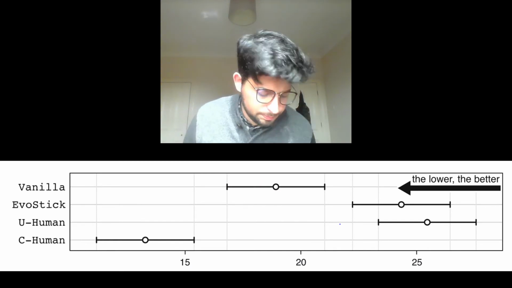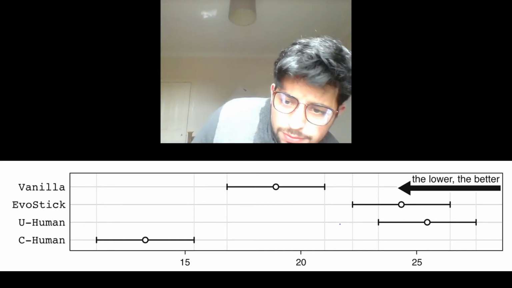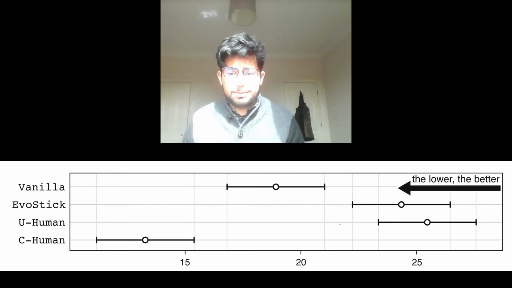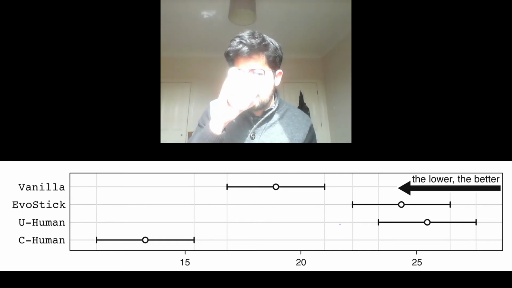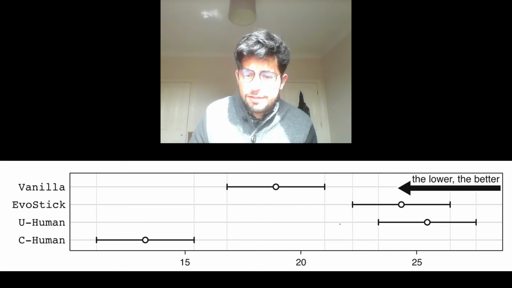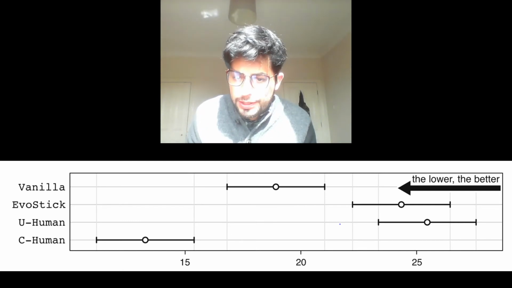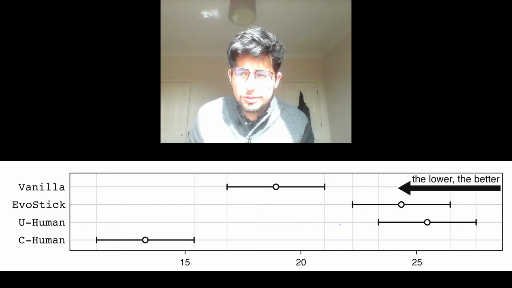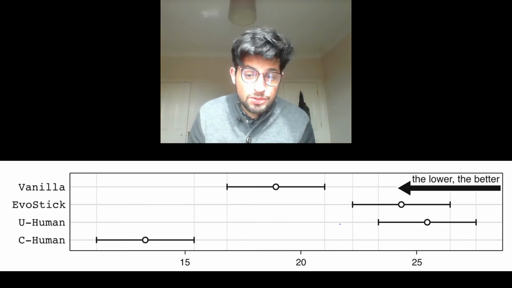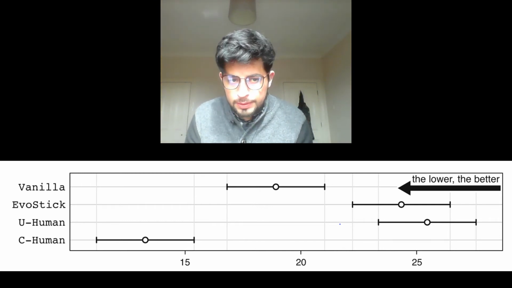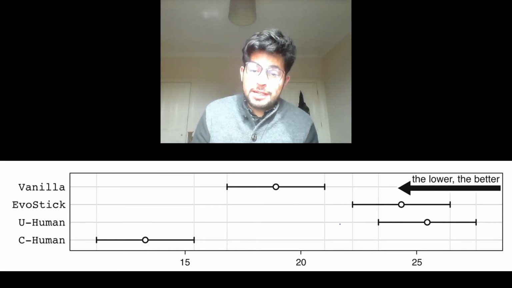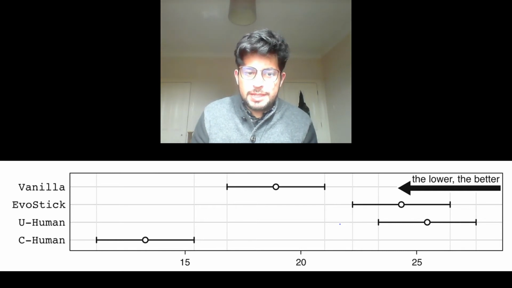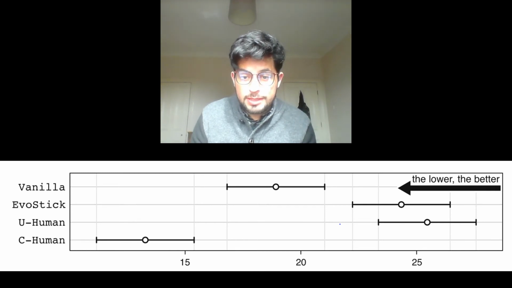In this case, they are comparing the four that I just mentioned in their first paper, and they found that the constrained human is the best one. If you give enough tools to people, they can create really good controllers. In second place is the vanilla one, which uses states and actions to create controllers.